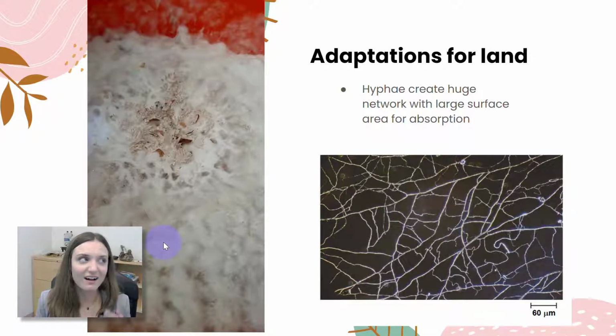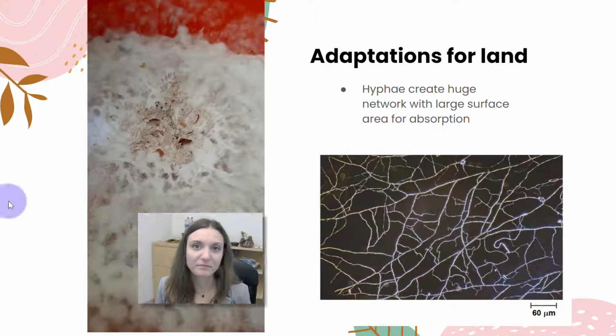So often we will see kind of a theme throughout our class that surface area is key. The larger surface area you have, the more material you can move into and out of your body at a time, okay? So this is one of their key components, is their hyphae allow them to expand and to reach and to find new areas where there could be food available for them.